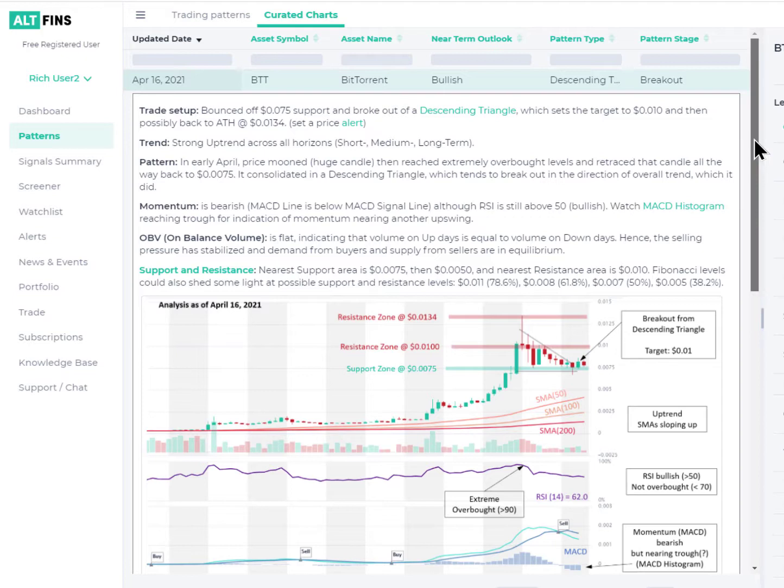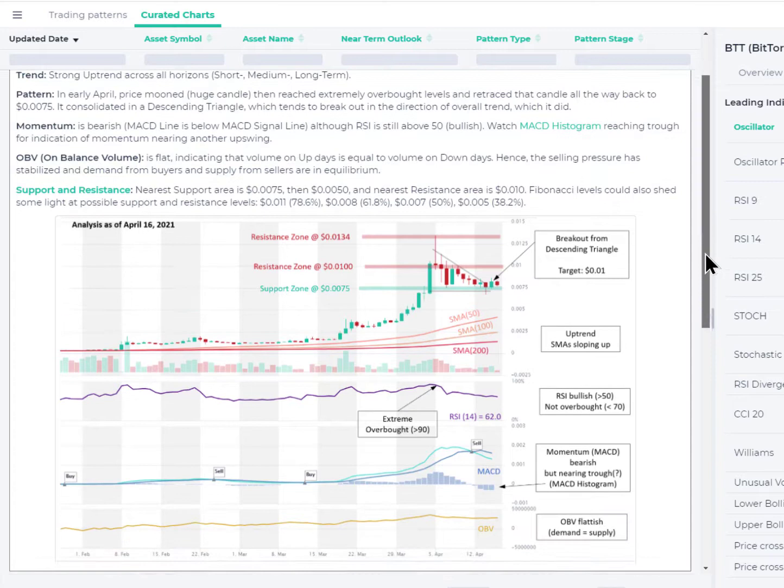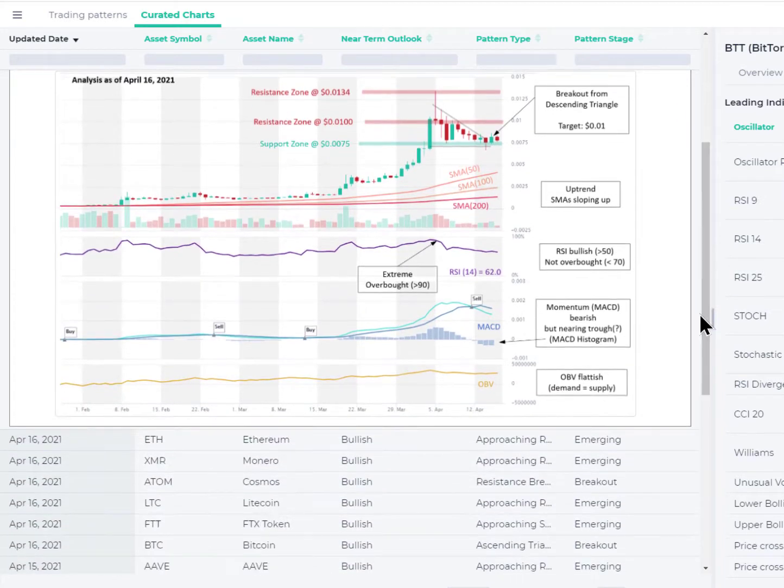So here in the detail section, as you can see, we talk about how the price was consolidating in the descending triangle. Again, great opportunity for you to learn what a descending triangle is. Typically, this triangle or pattern resolves in the direction of the existing trend, which in this case is an uptrend.